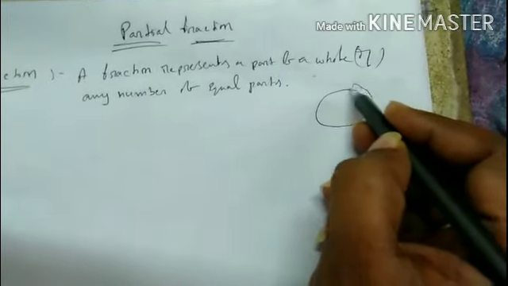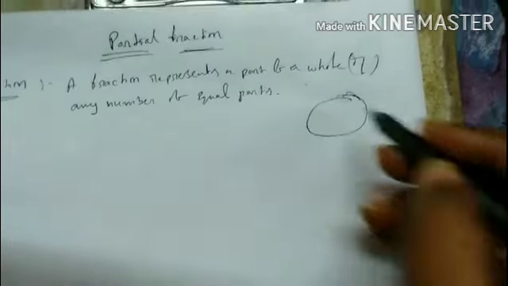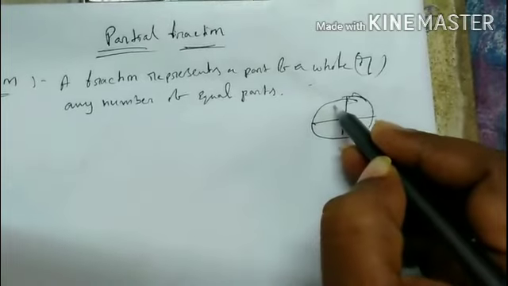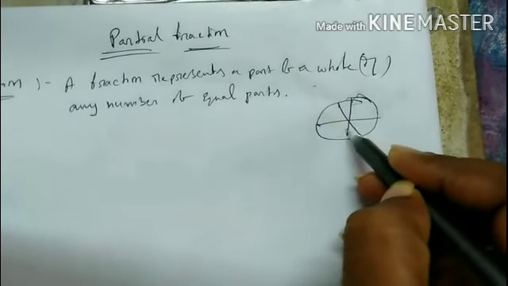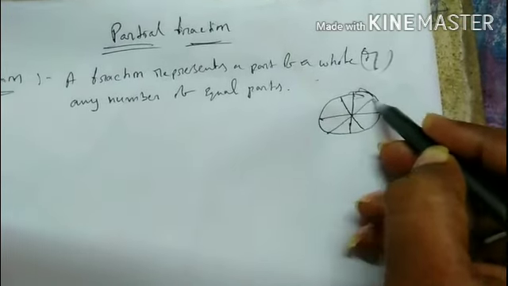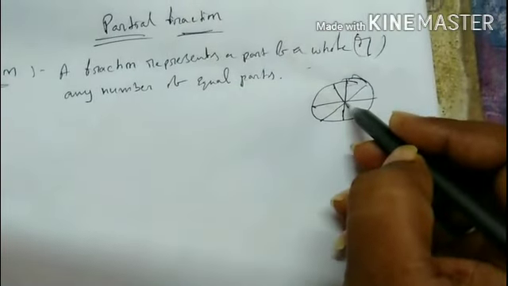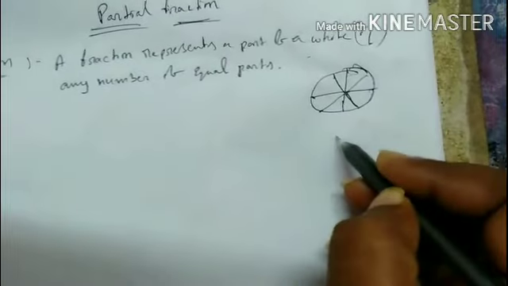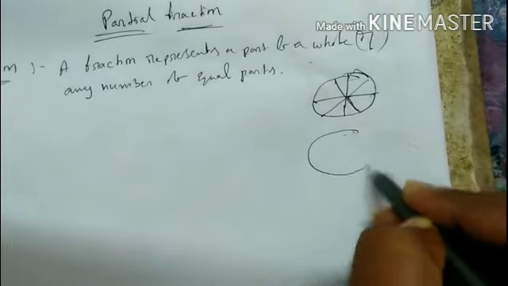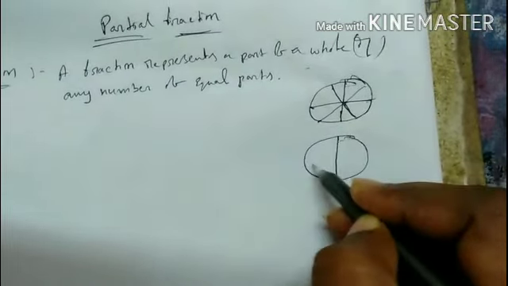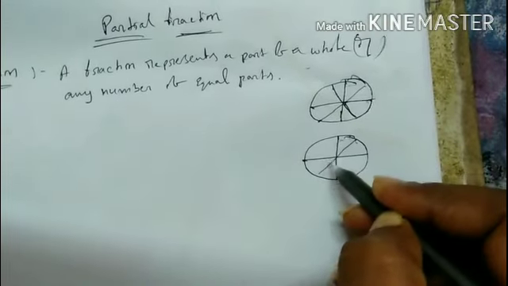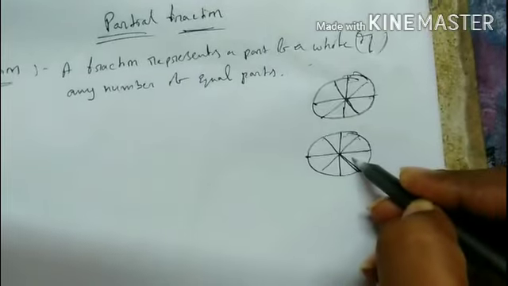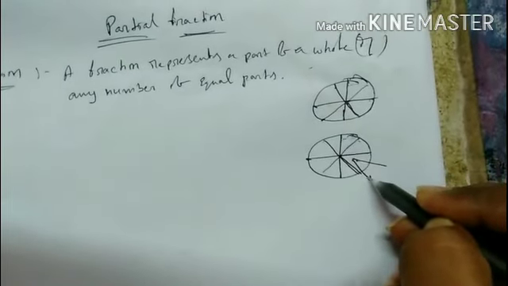Suppose this is a whole. This can be divided into 8 equal parts. We take one of them from these 8 parts.